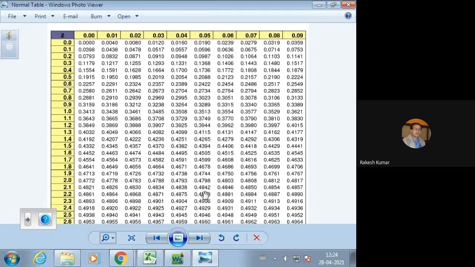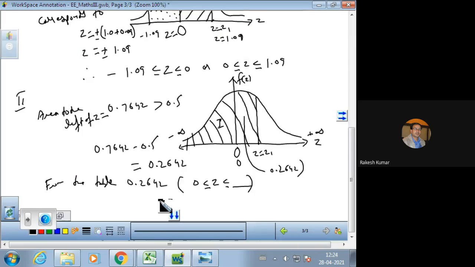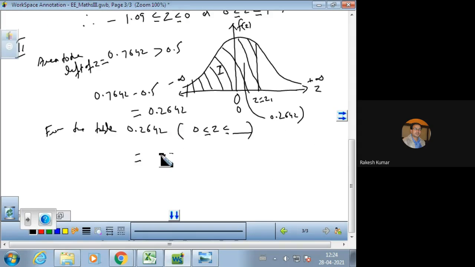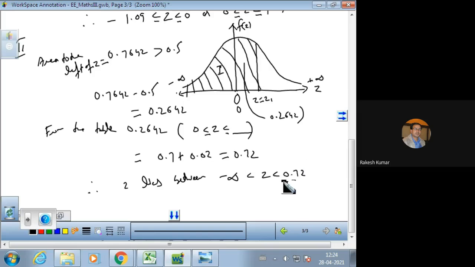So it means the point corresponding to this area 0.2642 is 0.7 plus 0.02, so 0.72. This is the point. So therefore Z lies between, अब this point is माइनस इन्फिनिटी टू जीरो एंड जीरो टू इस पॉइंट के लिए जो एरिया है वो है 0.2642, लेकिन हमें तो पूरा चाहिए माइनस इन्फिनिटी से लेकर के इस पॉइंट तक. So Z lies between minus infinity to this point 0.72. So this is the point we have.